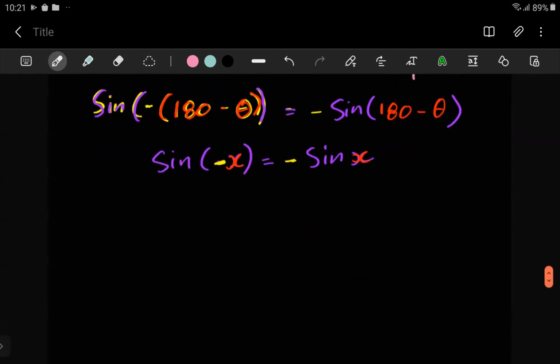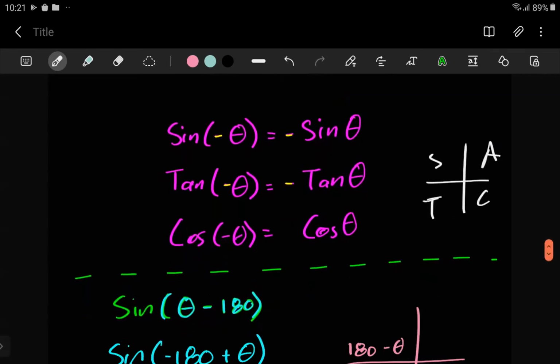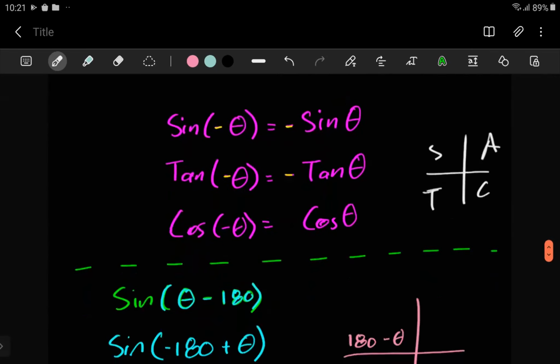Because this is not 180 minus or 180 plus, it may look strange to work with. So you can write these two swapped around. It will look like this: negative 180 is in front, and the theta is there. Does this step make sense? Yes, it makes sense.